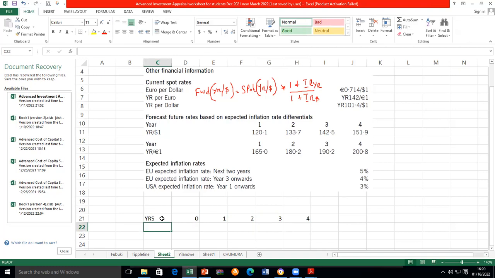And then we have your spot rate. Let's start with the first one. The spot rate here is given as 101.4.